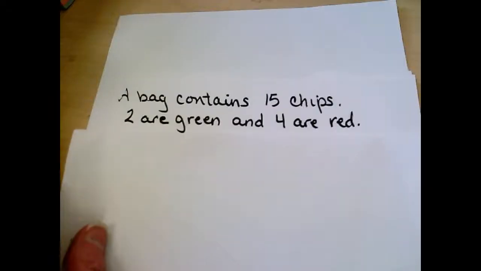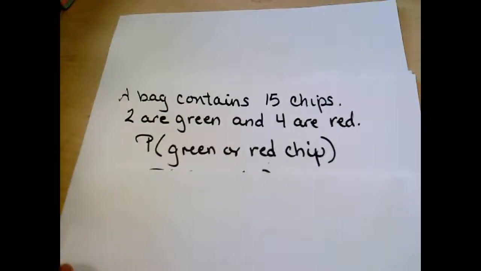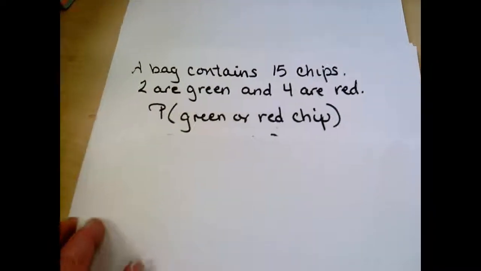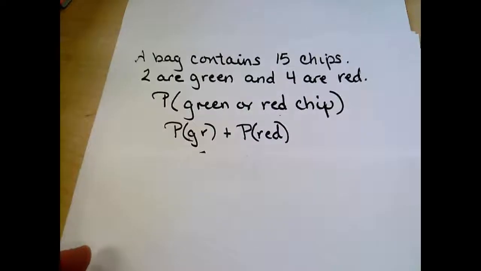So if we have a bag and it contains 15 chips, there are 2 green and 4 red. If we want to find the probability of a green or red chip, we have to find the probability of the green plus the probability of the red.